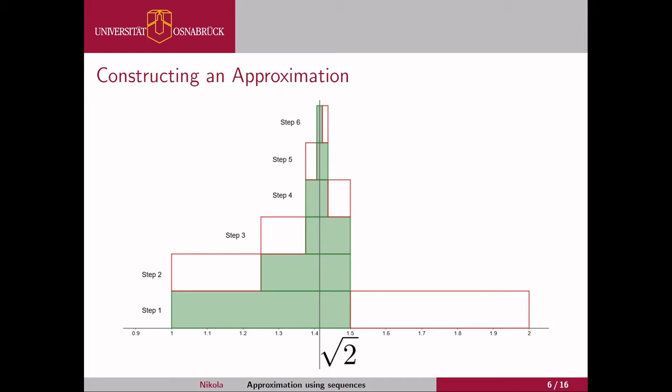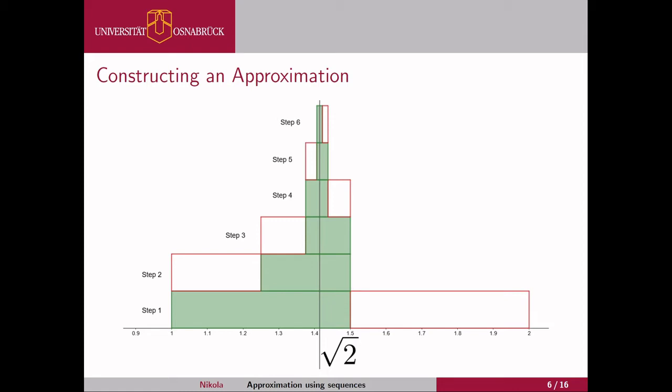So here you see the red boxes, they are the discarded intervals, and the green boxes, they are the kept intervals. And this can keep on going for an arbitrary amount of time, and we will get closer and closer to the actual value of root 2.